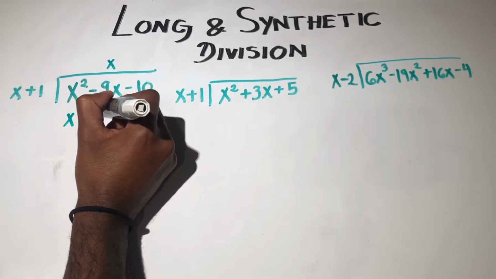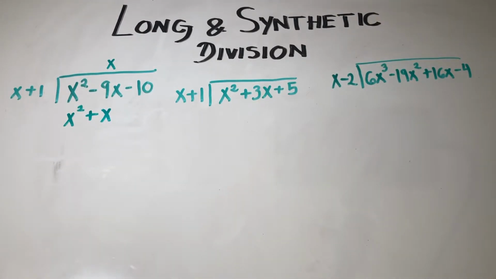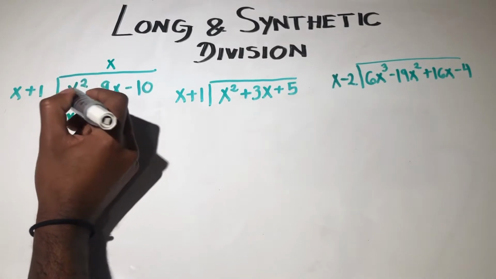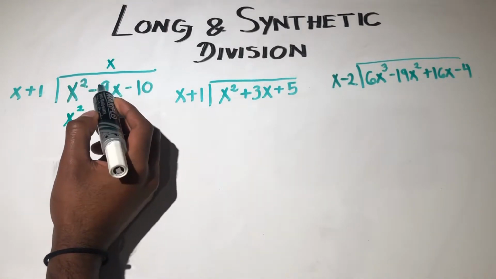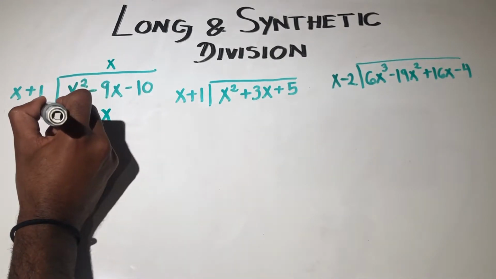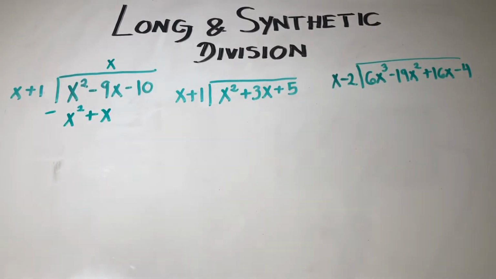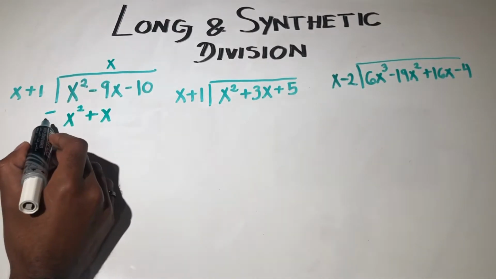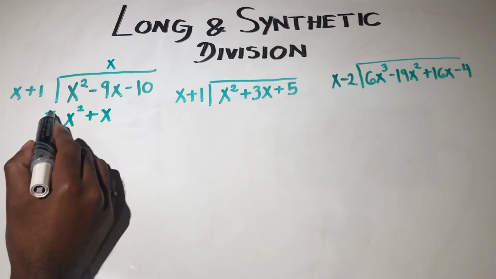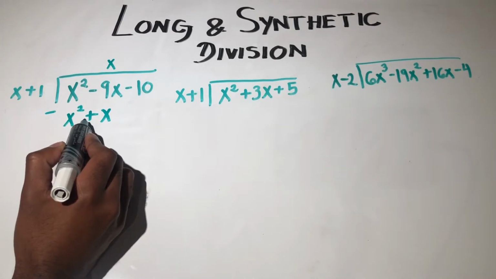So that's plus x right here. So you're going to subtract x squared plus x from x squared minus 9x. So you're going to add the subtraction symbol here, and then distribute the negative sign over x squared and a positive x.